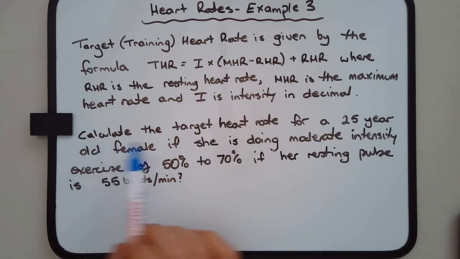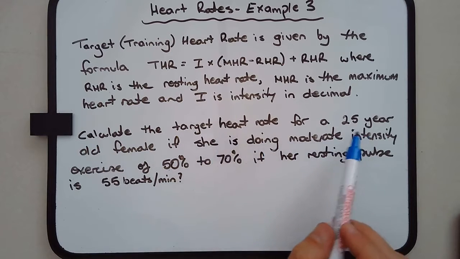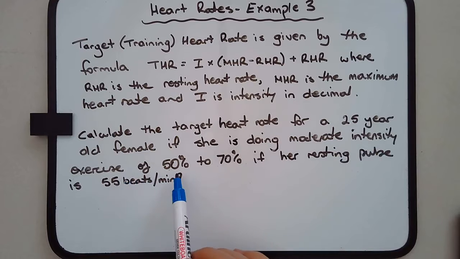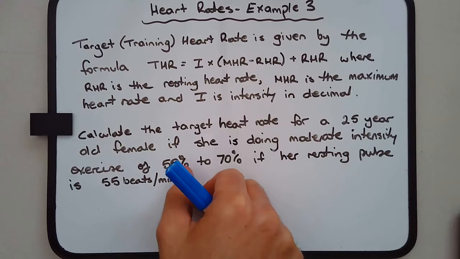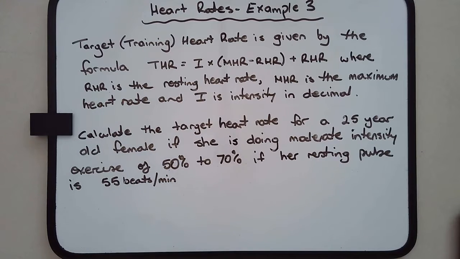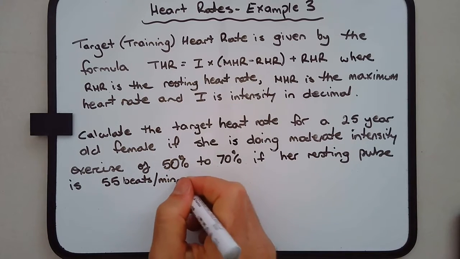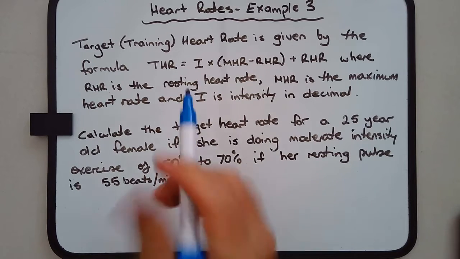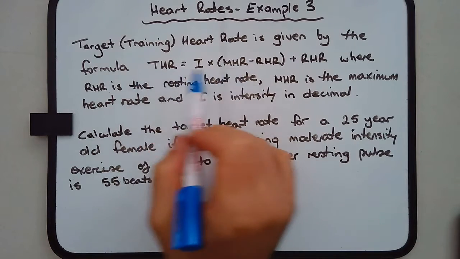So we're going to calculate the target heart rate for a 25-year-old female if she is doing moderate intensity exercise of 50% to 70%, if her resting pulse is 55 beats per minute. The first thing we need is to work out the maximum heart rate, since we're going to be using the THR formula.